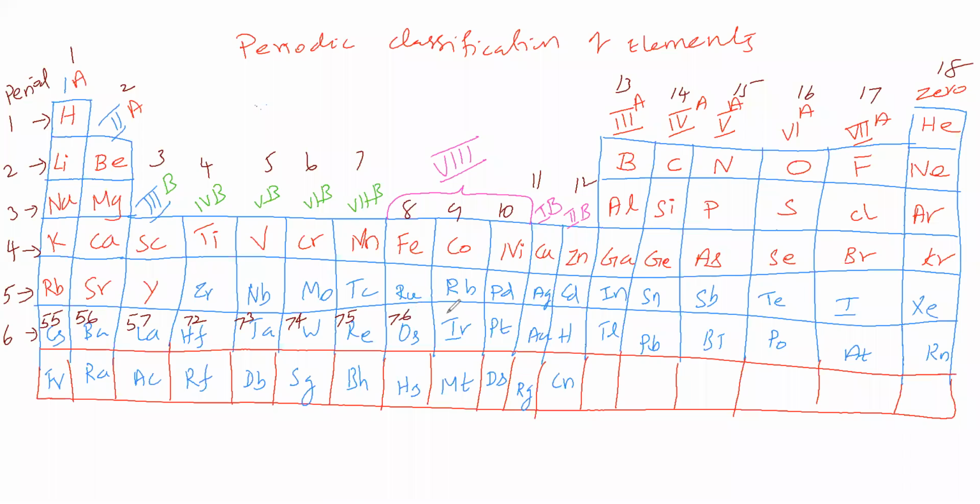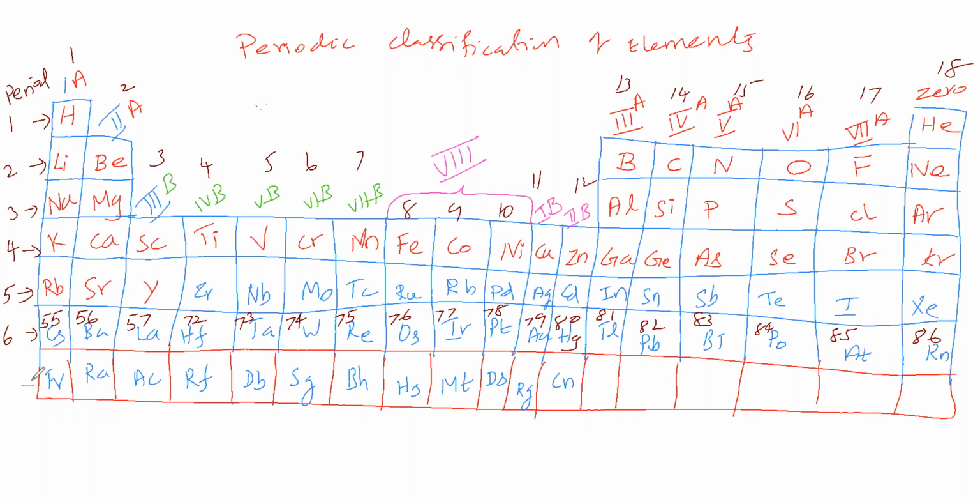Osmium 76. Iridium 77. Platinum 78. Gold 79. This is mercury 80. Thallium 81. Lead 82. Bismuth 83. Polonium 84. Astatine 85. Radon 86.